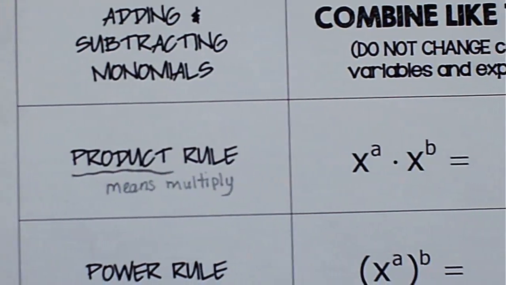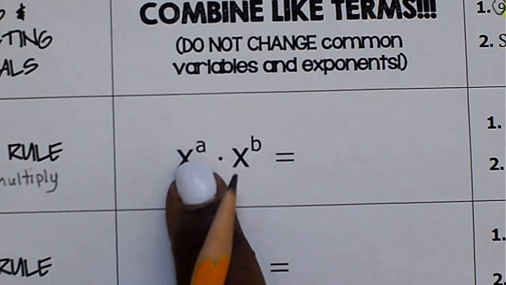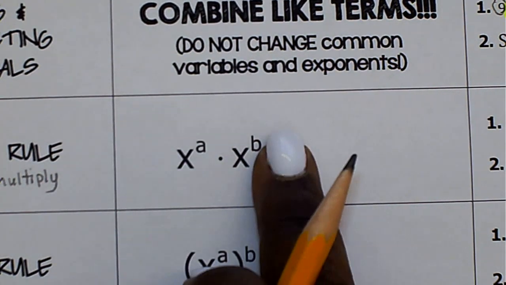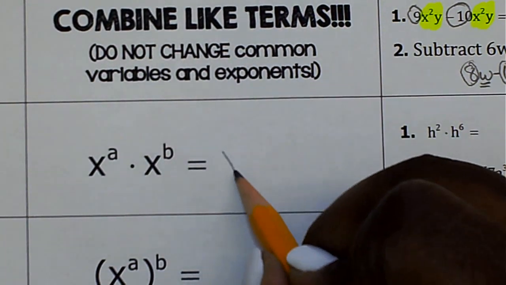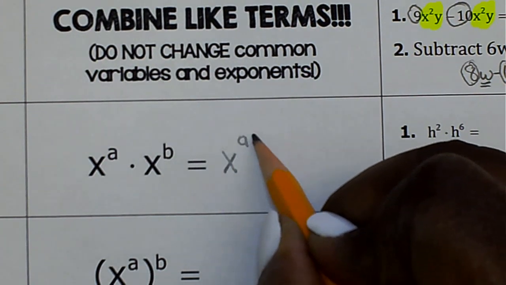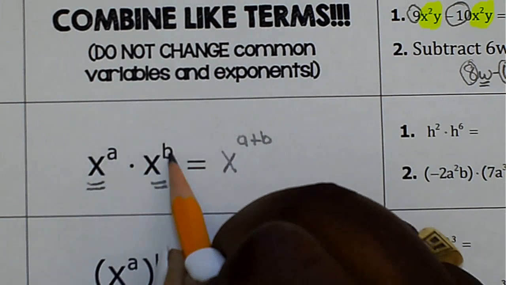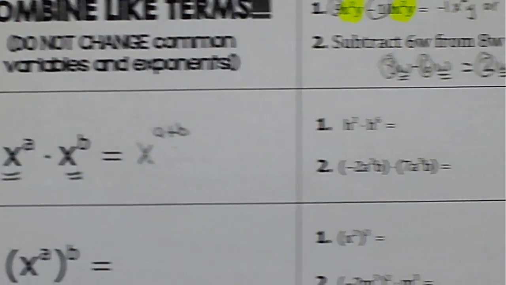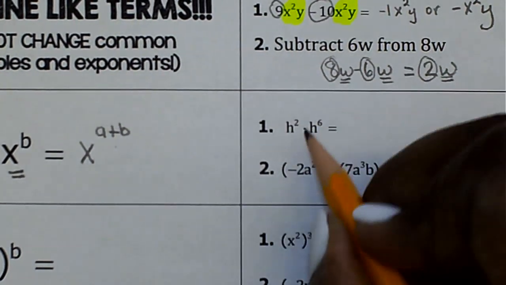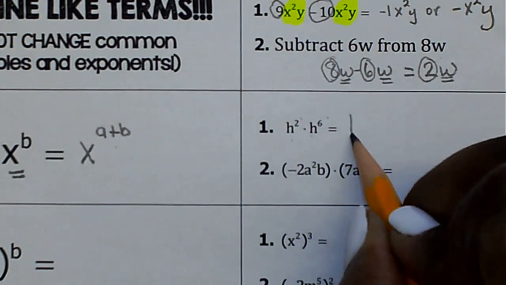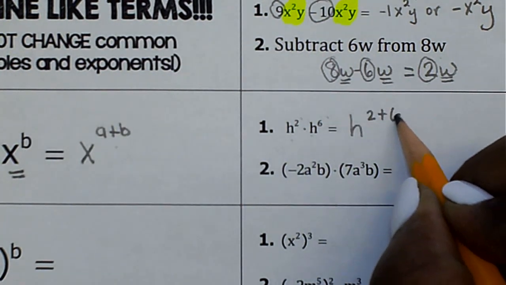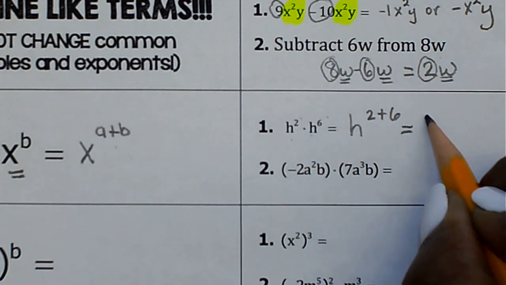So if I'm multiplying the base, which is x to the a and x to the b, I am going to add the exponents. So when this is being multiplied, the exponents are being added. So let's see what that example looks like. h to the second, h to the sixth. That's h to the 2 plus 6, which is h to the 8.